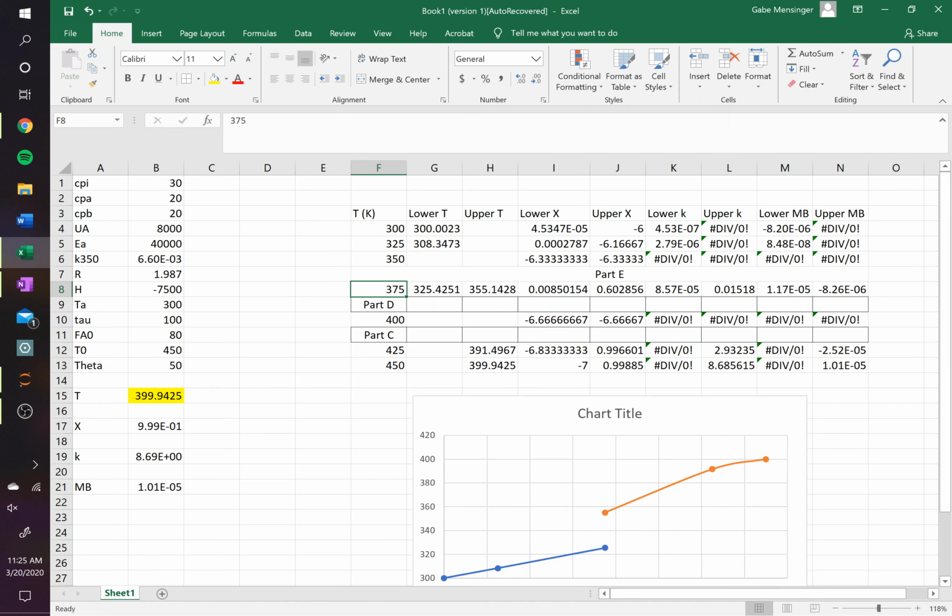Part E. I wish I could tell you that there's a better way of doing it aside from guess and check, but there unfortunately isn't. You just have to get the guesses right.